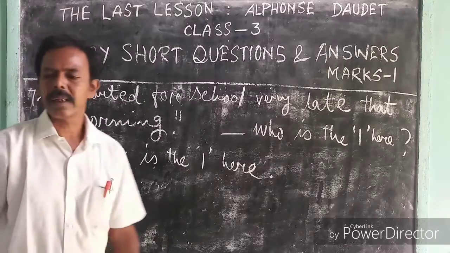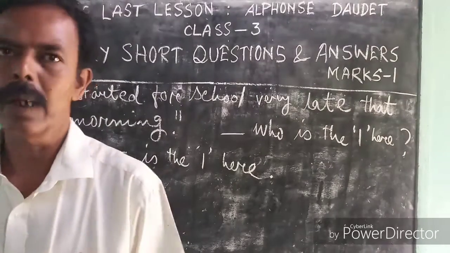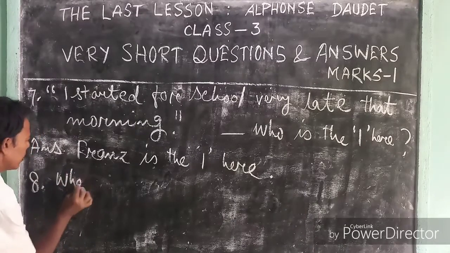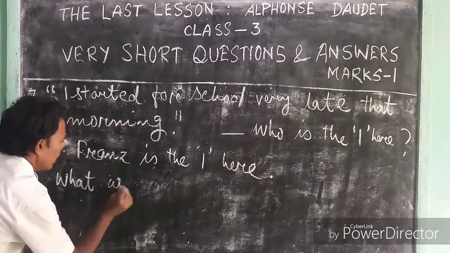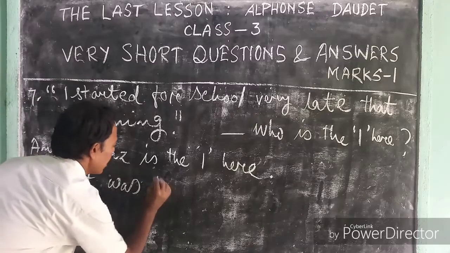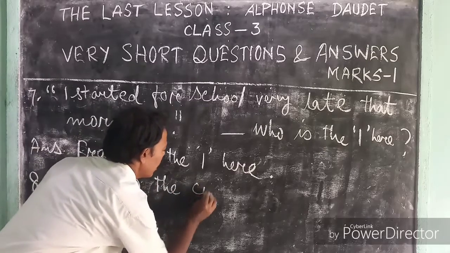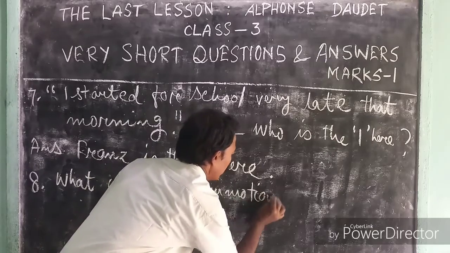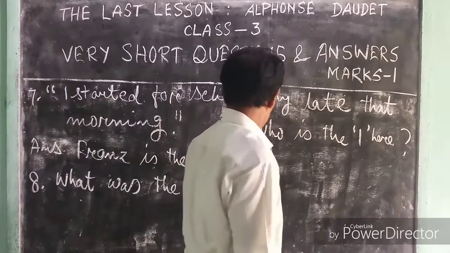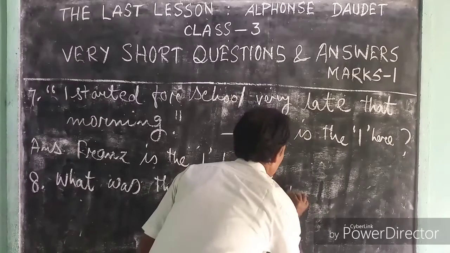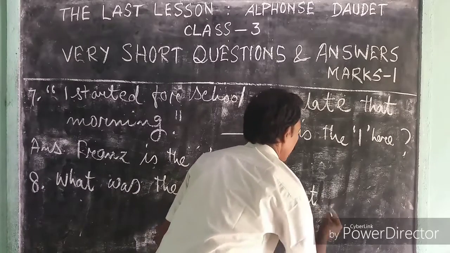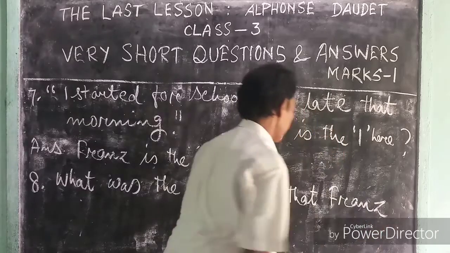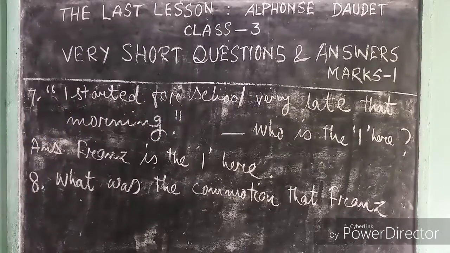Now follow up the next question, question number 8. What was the commotion that Franz anticipated?